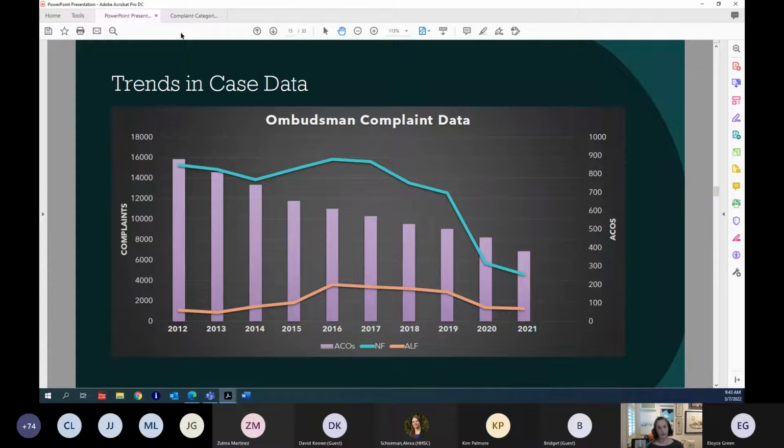So it's not a one-to-one change here with a decline in volunteers, because we know our staff numbers have stayed pretty steady. We may have changed staff, so new staff have certainly come in and more experienced staff have left the program. But it is obviously the number of active certified ombudsmen is really a reflection of volunteer losses. And so you can see there's not a one-to-one effect with that either.